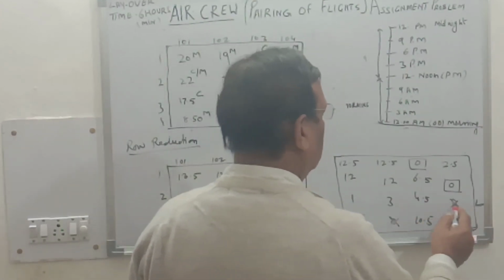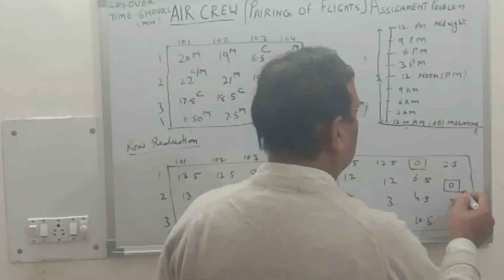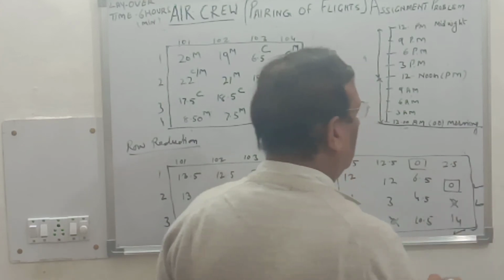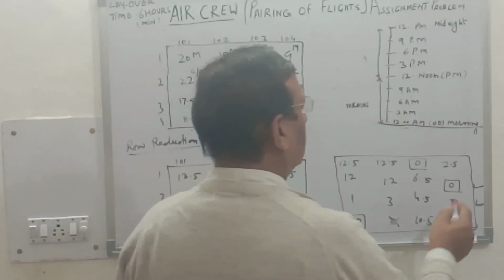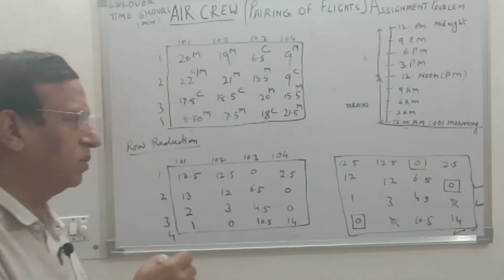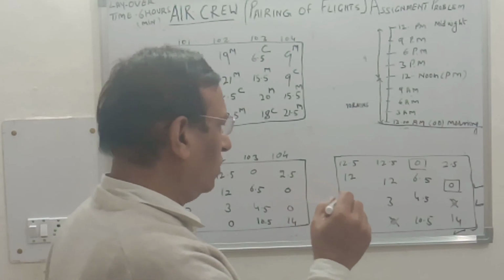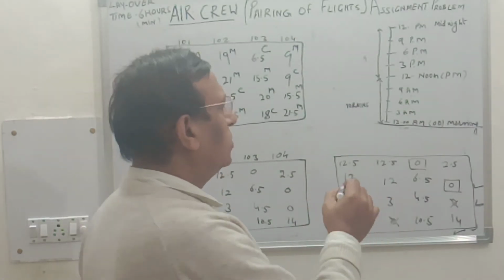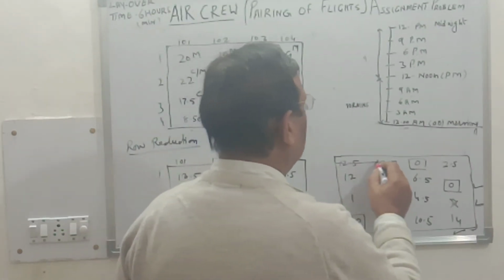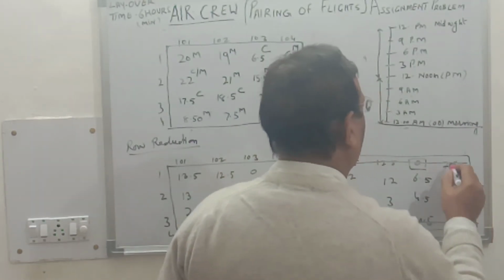Then mark the row in which there is an assignment in the marked column. Then no further marking is possible, only 2 rows and 1 column have been marked. Then draw the lines through unmarked rows. This is an unmarked row, and this is again an unmarked row, and a marked column.